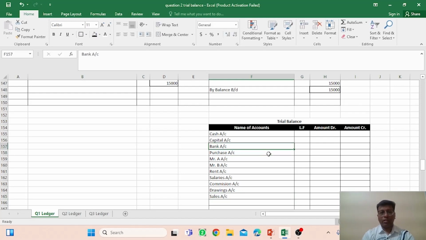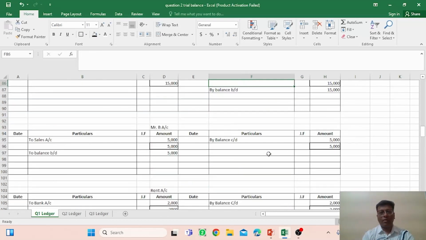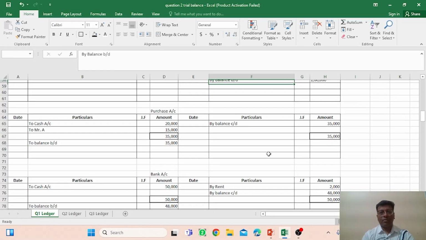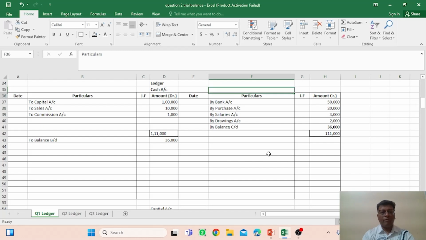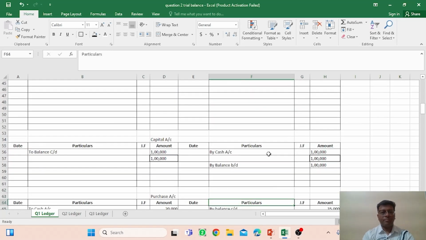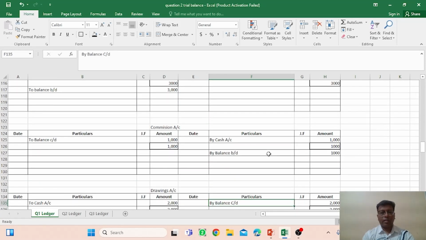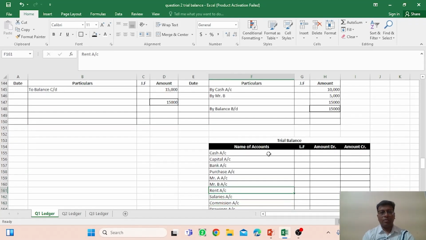Okay, and now this is the time to carry the balances to the trial balance from ledgers, right? So what are the balances? The very first cash account 36,000 and capital 1 lakh. Cash account is the debit 36,000, so debit balance is there 36,000, right? And capital account credit balance is given rupees 1 lakh.